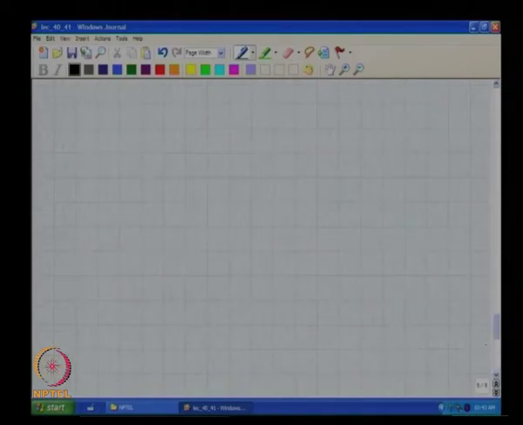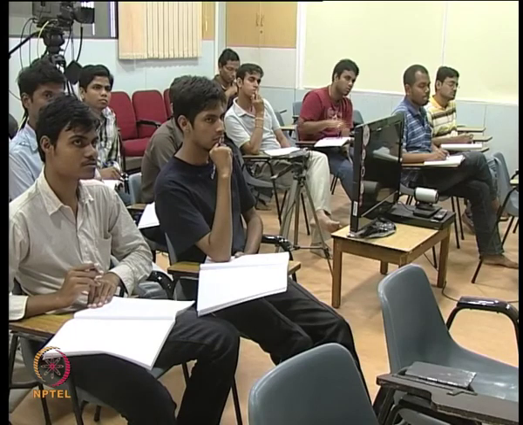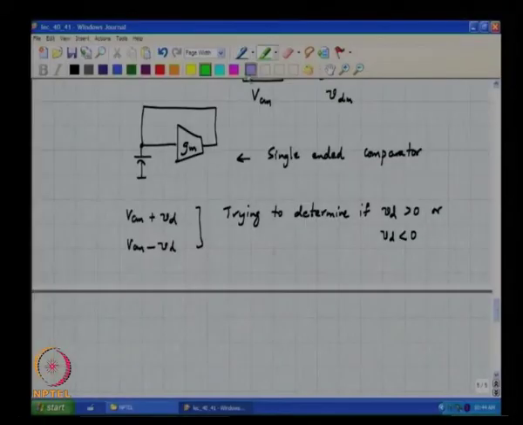So, going by our discussion on the single ended version, what do you think we would do for a differential version? No, what is the analogous schematic?